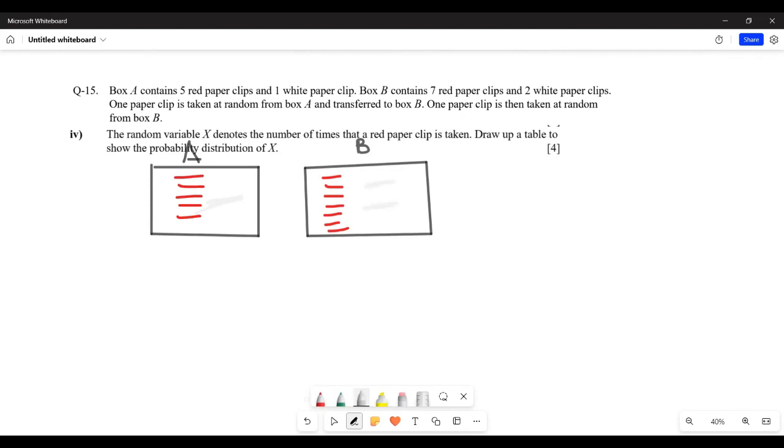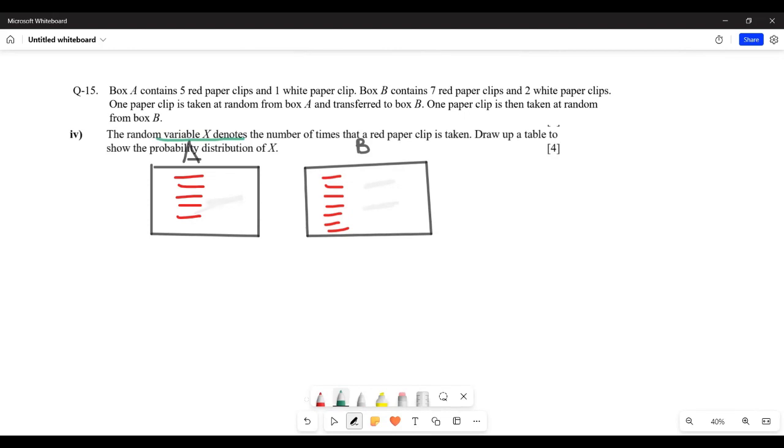One paper clip is taken at random from box A and transferred to box B. One paper clip is then taken at random from box B. A random variable x, आपकी हिंट होती है कि ये probability distribution का क्वेश्चन है. A random variable x denotes the number of times that a red paper clip is taken.